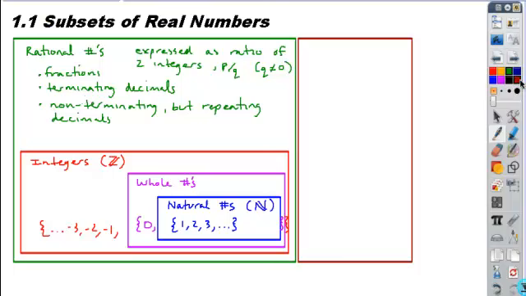And then finally, all those real numbers that don't fall into the category that can be expressed as a ratio of two integers are called irrational numbers. And these include the non-terminating and non-repeating decimals.